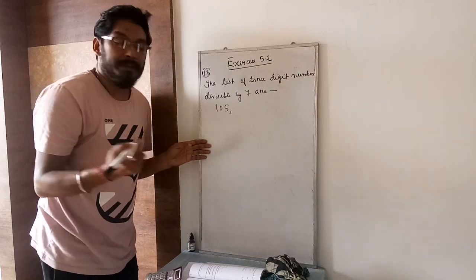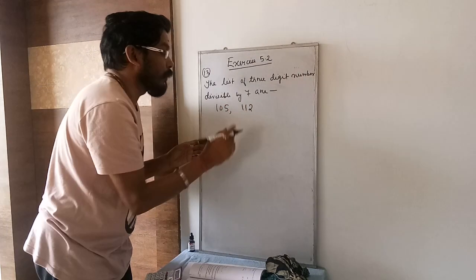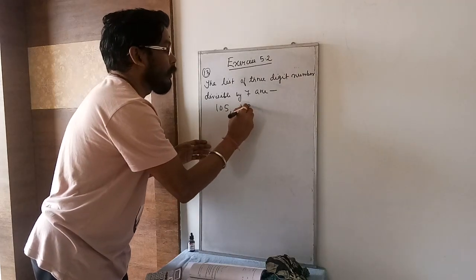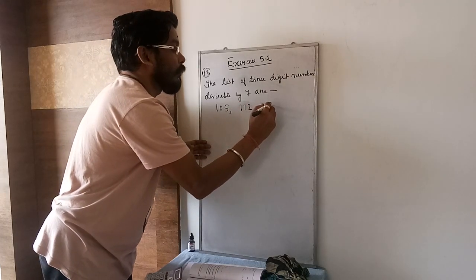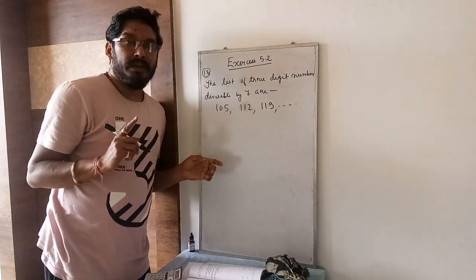The next one you will get by adding 7, so it is 112. Next again you add 7, 119. So in this way, the last one. The last 3-digit number is 999.